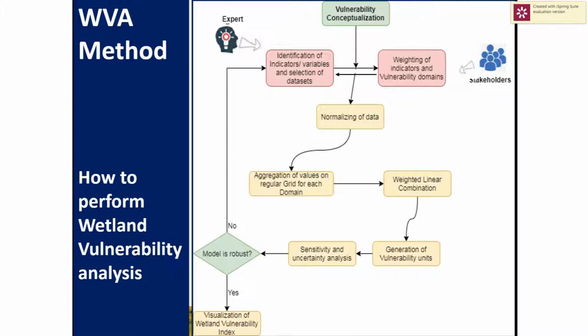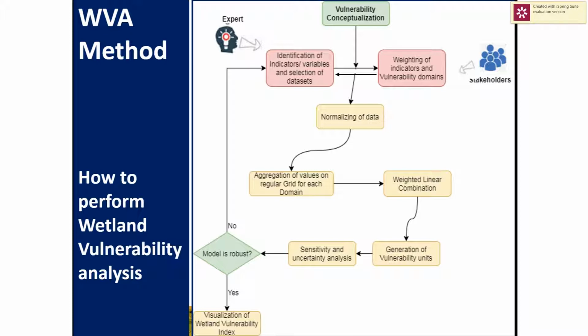The two groups should also be able to devise or generate the weighting of these indicator variables that will be later allocated to individual datasets for generating the vulnerability maps for a wetland.